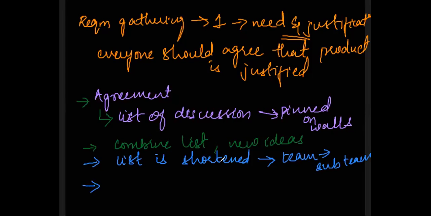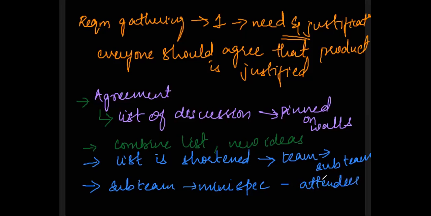Now, when all of the sub teams are identified, each sub team is going to present the different mini specifications. A team is going to focus upon one specific specification. A sub team can focus upon multiple features that fall within this category. So each sub team is going to present the mini specifications to all the people involved in the meeting, that is all the attendees.